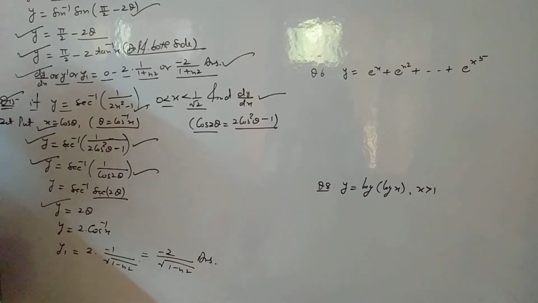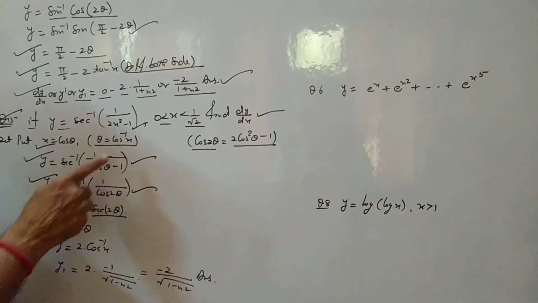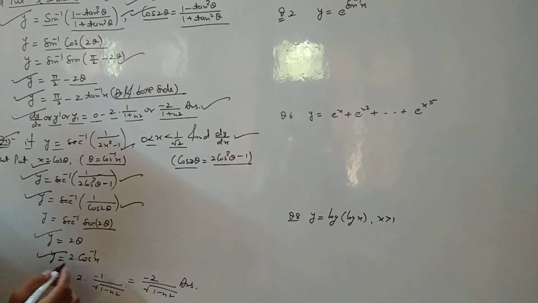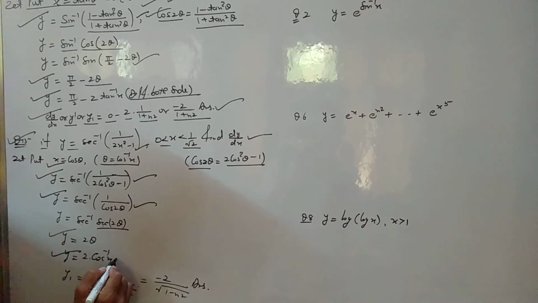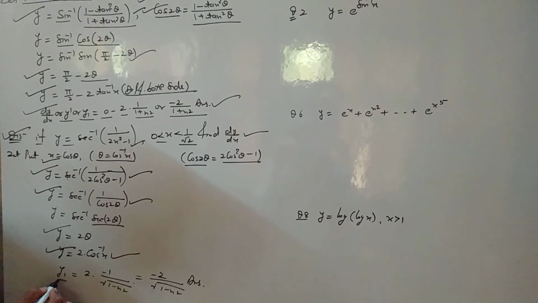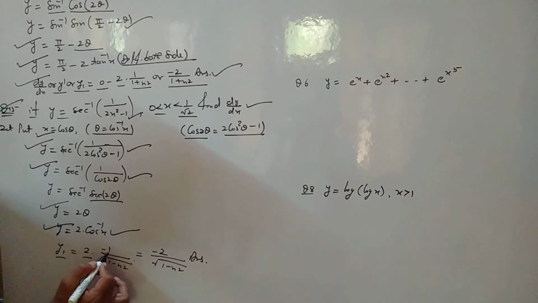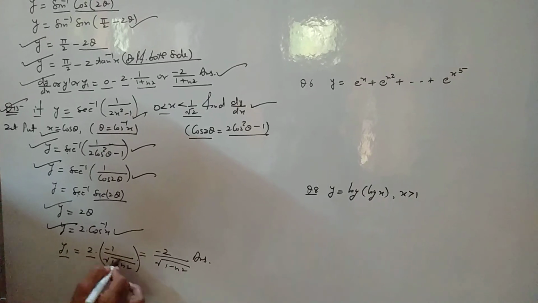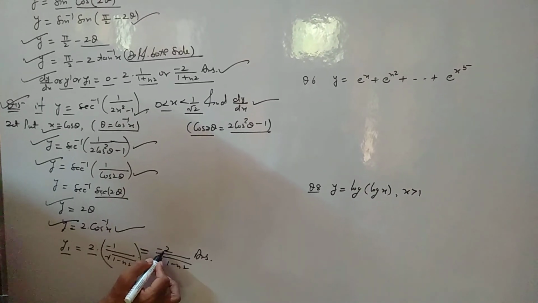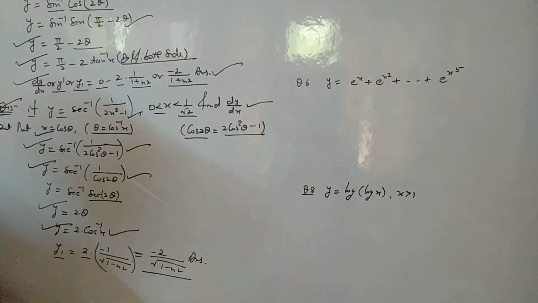So y is equal to 2 theta, and putting theta is cos inverse x, we differentiate both sides. Then dy by dx, that is y1, is equal to the constant outside, and the differentiation of cos inverse x is minus 1 upon under root 1 minus x square, and your answer is minus 2 upon under root 1 minus x square.